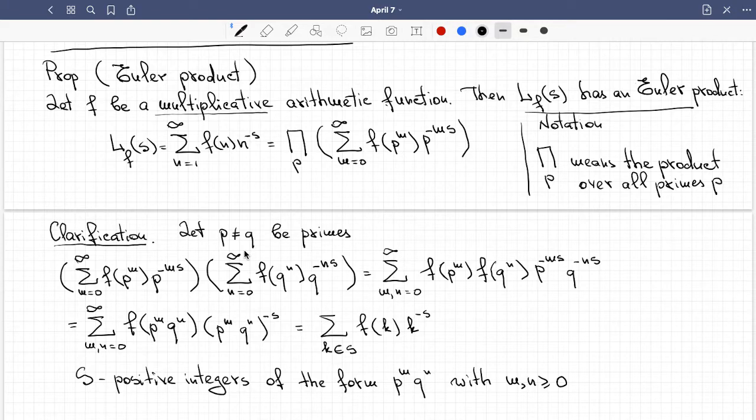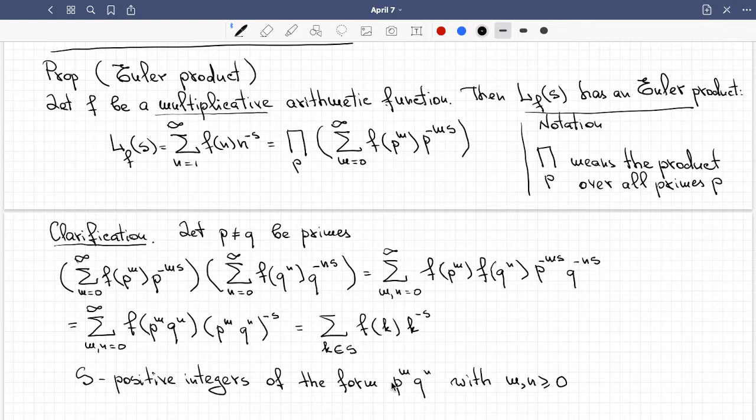Now it should become clear that if we took three such terms and multiplied them together, not two, as we did here, but three for three different primes, the same kind of manipulation will lead us to the sum over all integers which can be presented as a product of powers of three different primes.